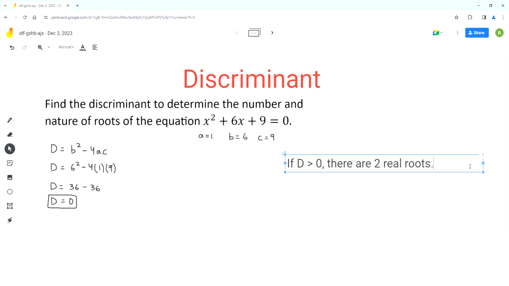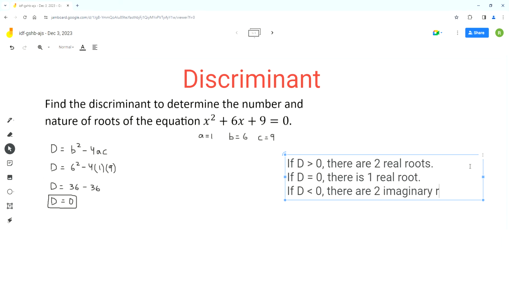And if the discriminant is equal to 0, there is one real root. And if the discriminant is less than 0, there are two imaginary roots.